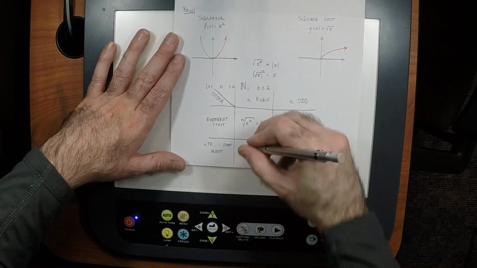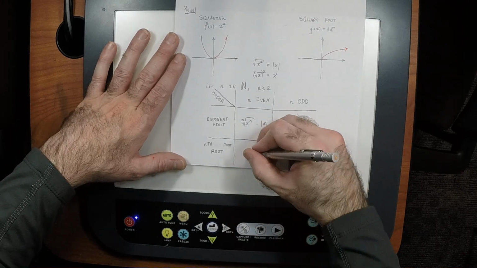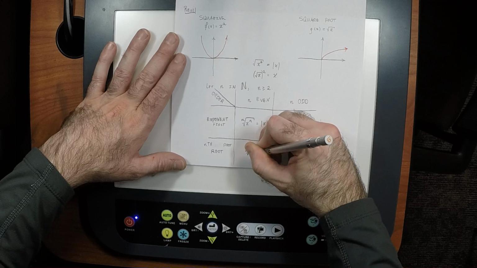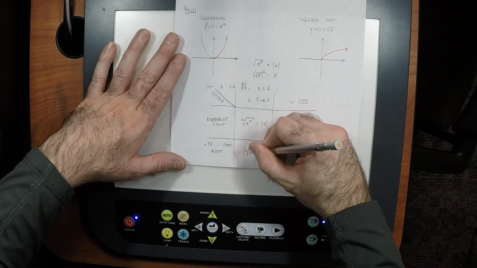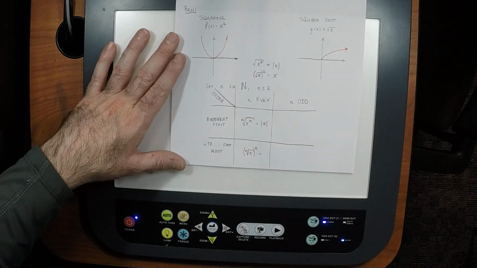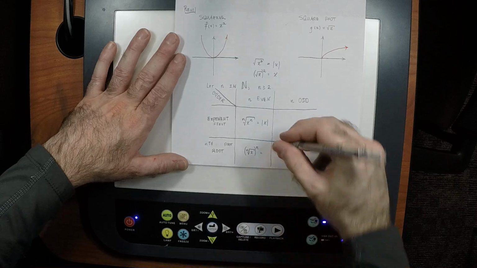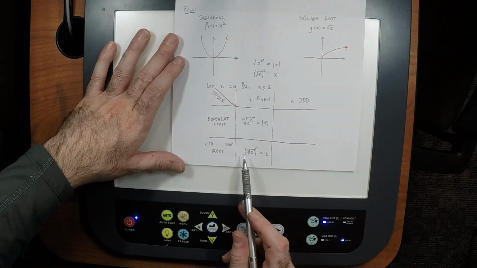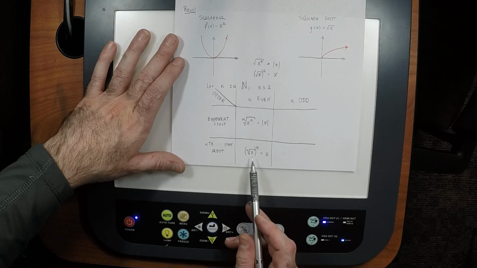Okay. And if we switch the order of those around and say, well, let's compute nth root first, and after we've computed nth root, let's raise it to exponent n. Then what's the answer? Just x. It has to be just x because we're in the even column.